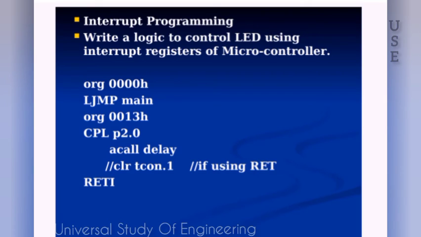LM35 is a temperature sensor which sends an analog quantity. After that, the ADC is another IC which we are going to study. ADC means analog to digital converter: the input will be an analog quantity, and the output will be a digital quantity.